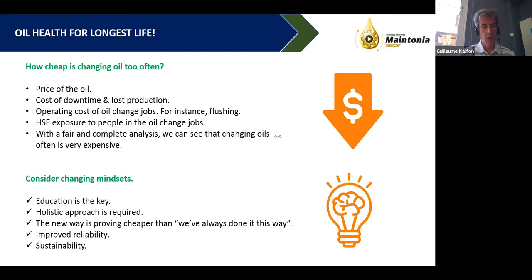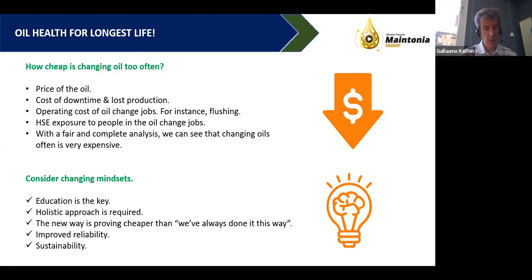And then number two, it's a holistic approach. If you want the best life out of your fluids, it's a holistic approach, by which we mean from the first day, from the day that it gets delivered to your warehouse, you start with proper analysis of the fluid. When it's in the machine, you need to use the right oil analysis, the right tests.